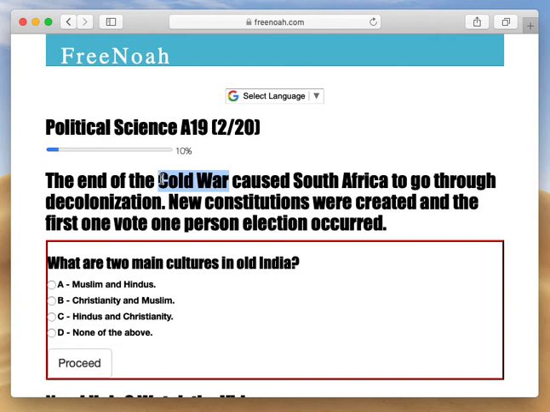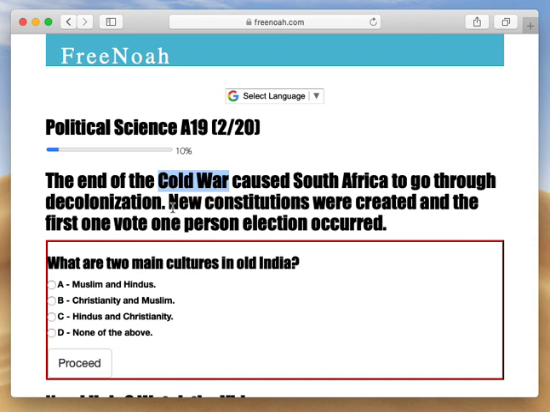It just depends who gets there first, who manipulates them, who offers the best deal. So South Africa was susceptible to becoming either capitalist or communist, depending on if the Soviet Union got there first or the United States got there first, and that was during the Cold War.